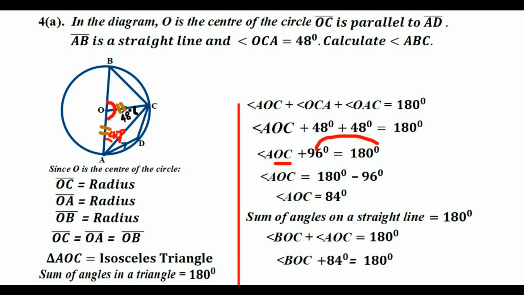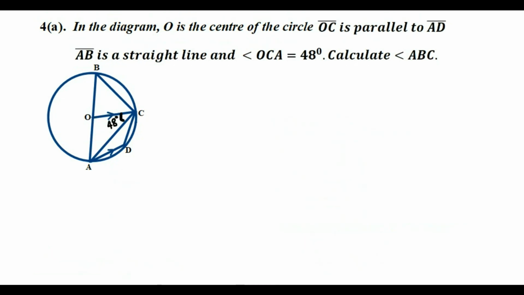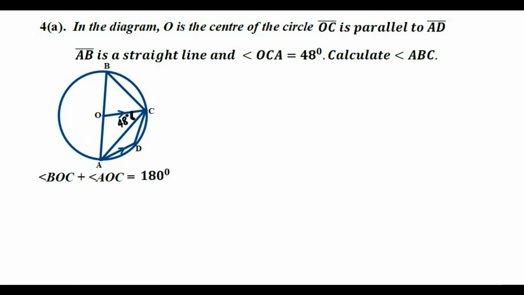So now the next thing we need to do is to collect like terms, bringing this 84 to this side, and note this positive sign is going to change to a negative sign because it's crossing the equal sign. Let's quickly write it out again so that we have everything on the screen. See, angle BOC plus angle AOC equal to 180 degrees.